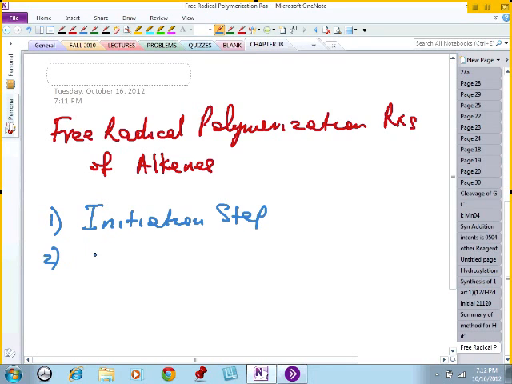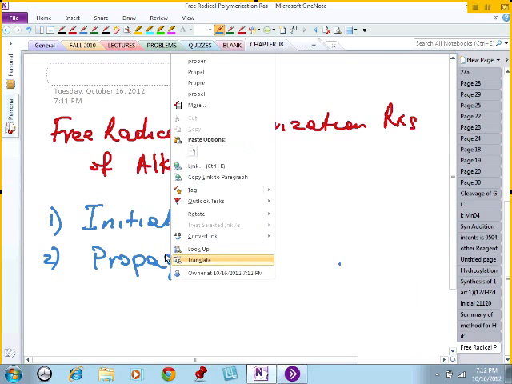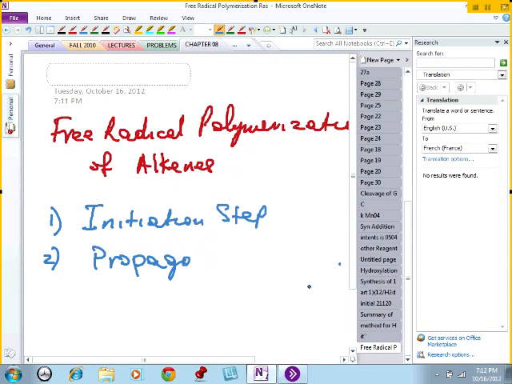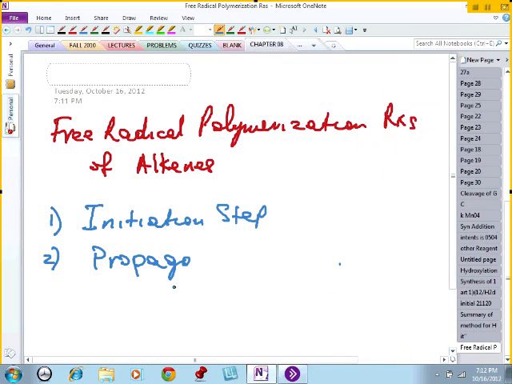The second process is what we call the propagation step. And the last step is what we call the termination step.